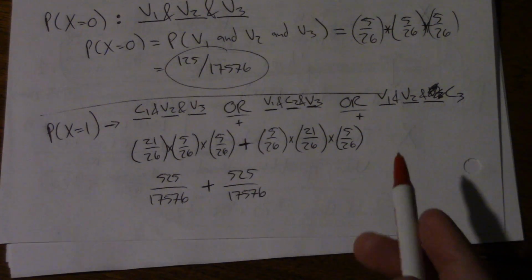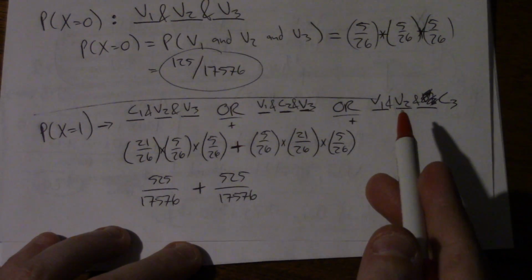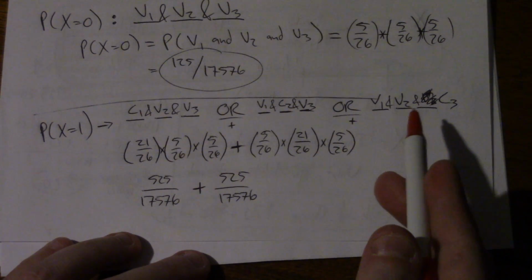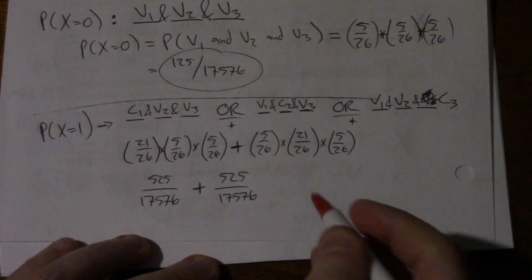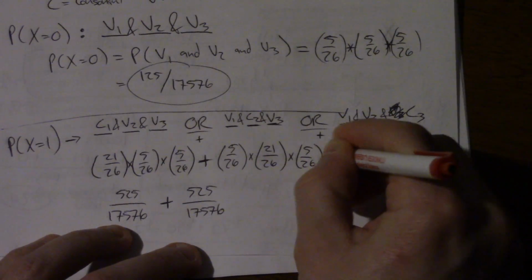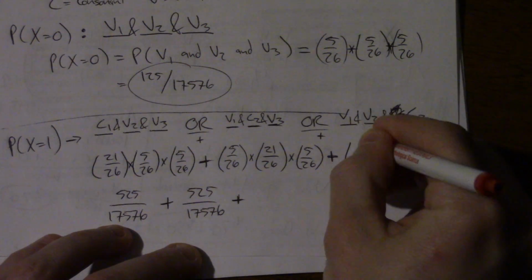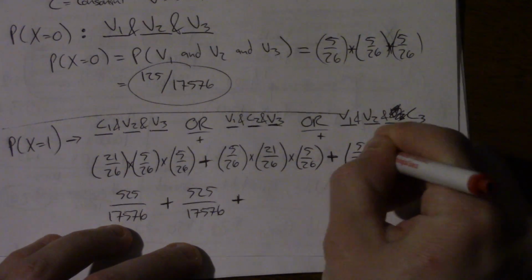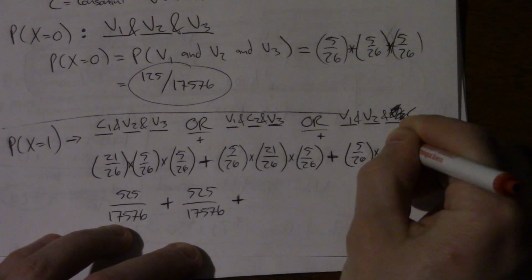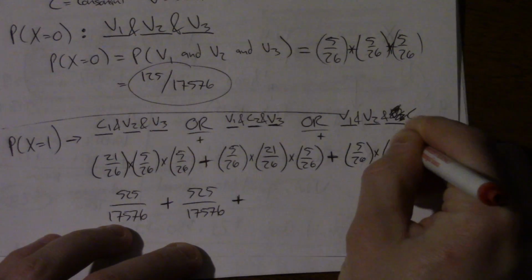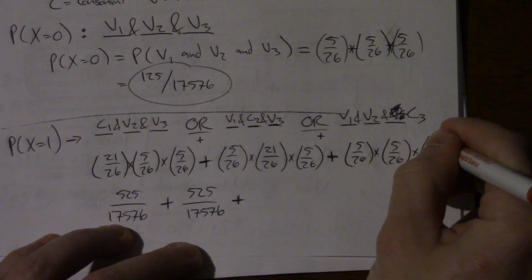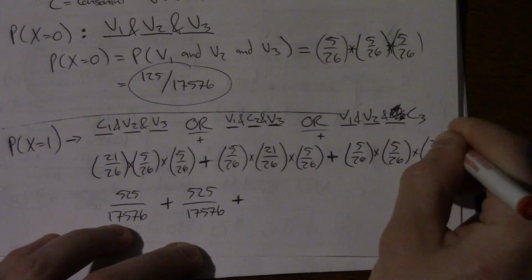Okay? So then, as you may surmise, we're going to get the same probability for this last outcome. We're going to use the same numbers, just in another order. So vowel first, 5 out of 26, times vowel second, 5 out of 26, times consonant third, 21 out of 26.